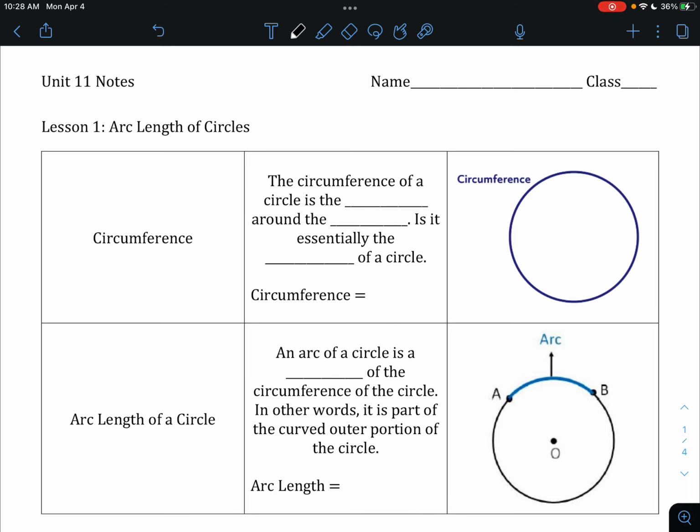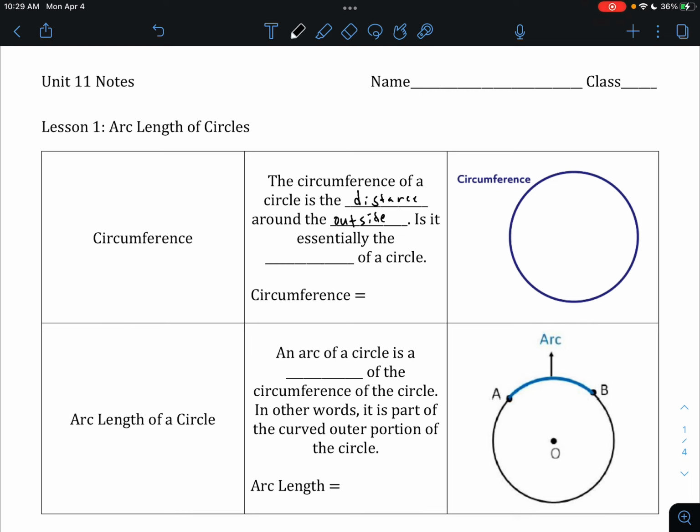Now, that word circumference, we should have heard that before. And the first thing that we know about the circumference is it is the distance around the outside of a circle. And the distance around the outside of an object of any shape is the perimeter.